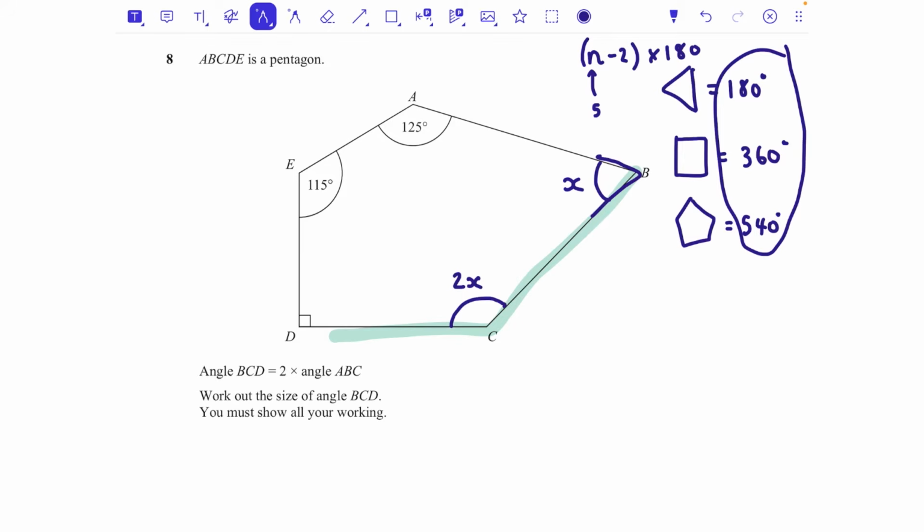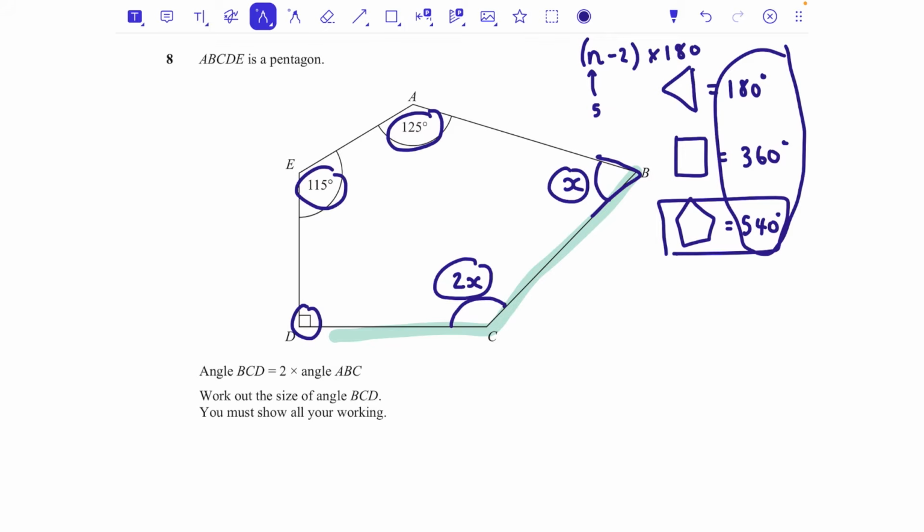So we know that 90 add 115, add 125, add X, add 2X needs to make 540 degrees. So adding together all those angles, 125 add 115, just going to grab my calculator. 125, add 115, add 90.